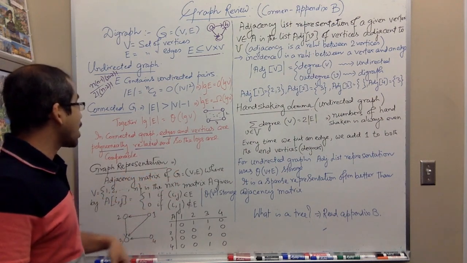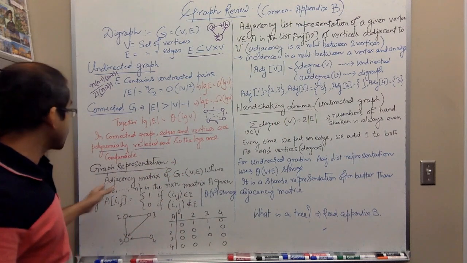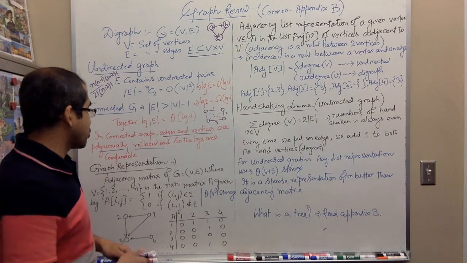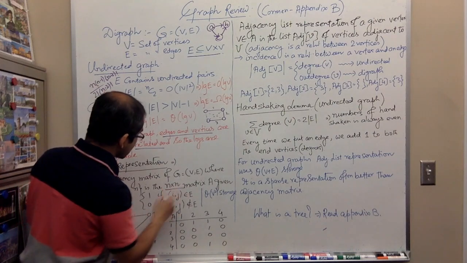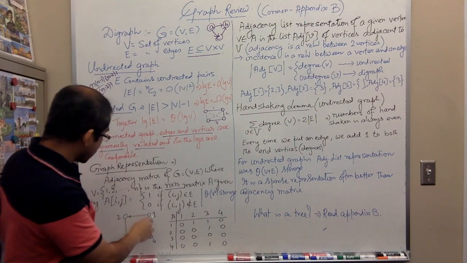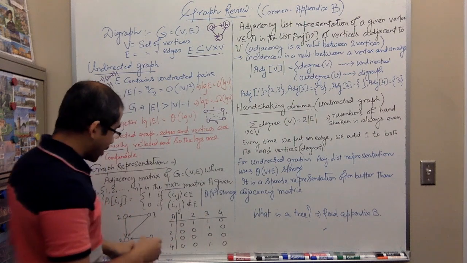So what is the adjacency matrix representation? The adjacency matrix of a graph G with a set of vertices and a set of edges, where V is 1, 2, up to n vertices, is the n cross n matrix. Like suppose this graph with 1, 2, 3, 4, 4 vertices. So it's a 4 cross 4 matrix.